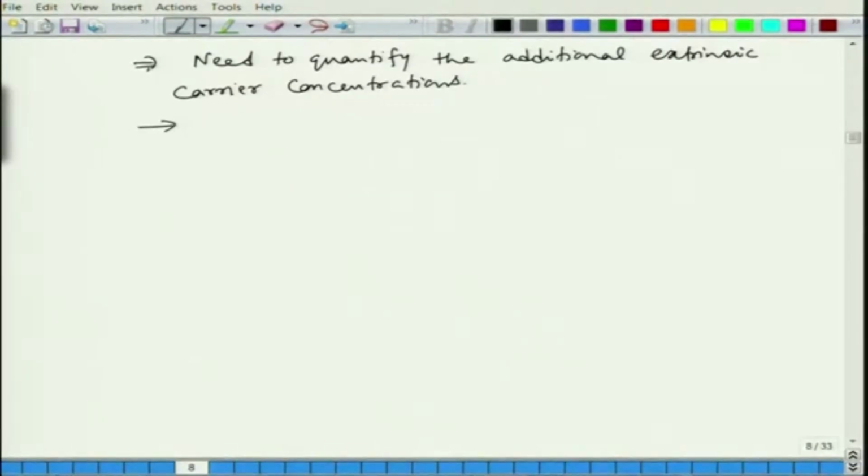One is called the density of states, often abbreviated as DOS. Density of states means at any particular energy level, how many different electronic states are available. That is what is called the density of states. And the other thing is the Fermi function.